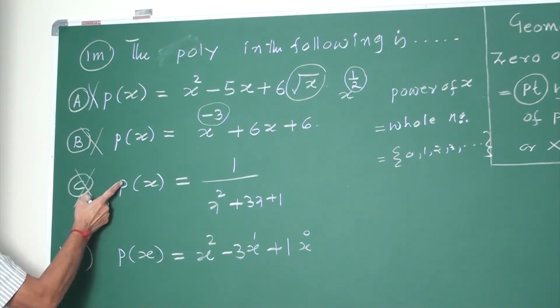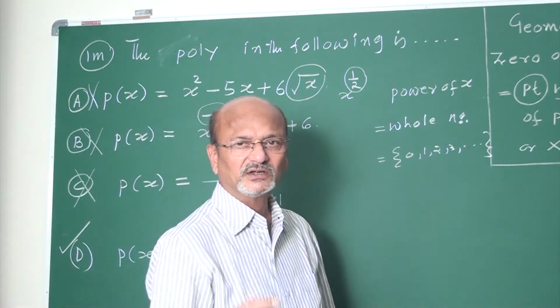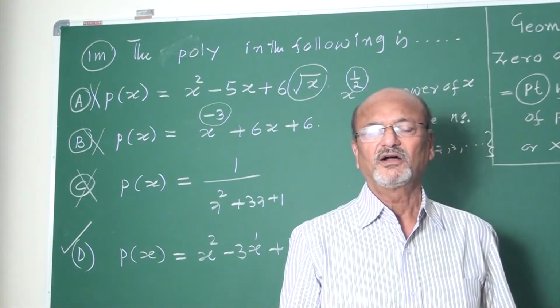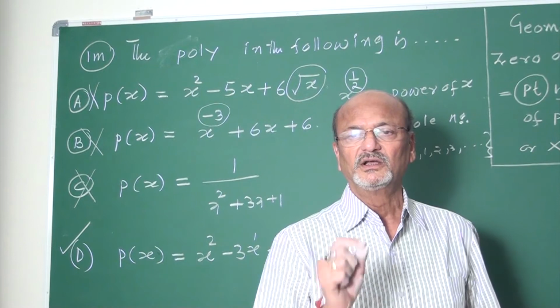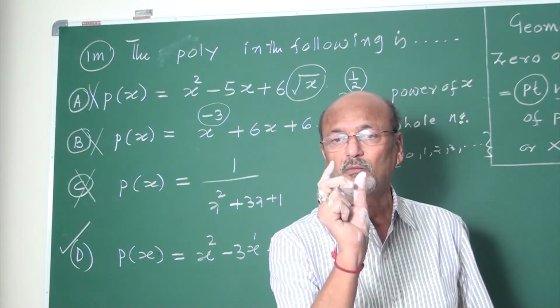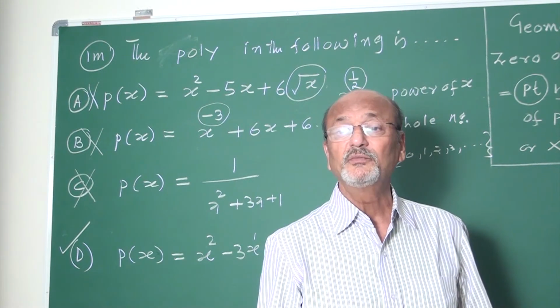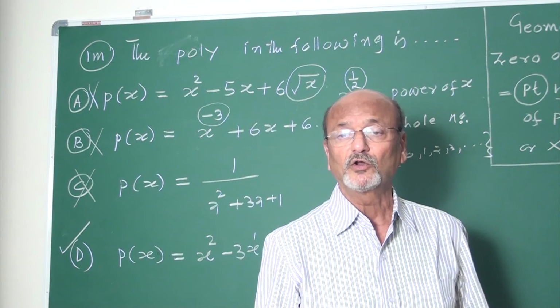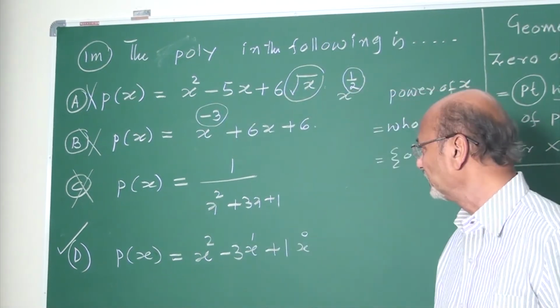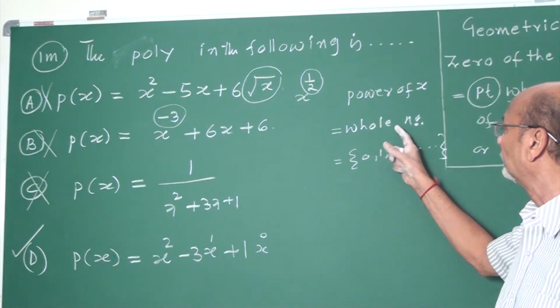Yes, this is one good question. It is a basic. On the first day, while defining the polynomial and giving the introductory part, I mentioned the difference between an algebraic structure and a polynomial. In an algebraic structure, the power of x is any rational number.